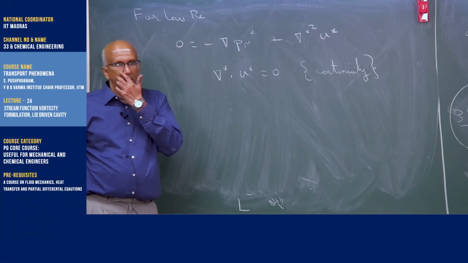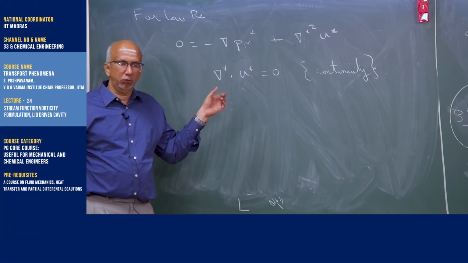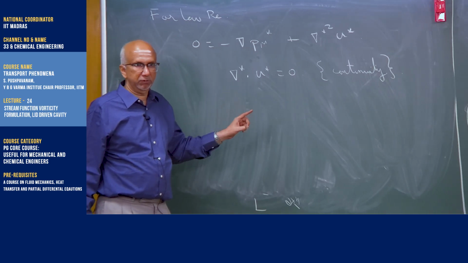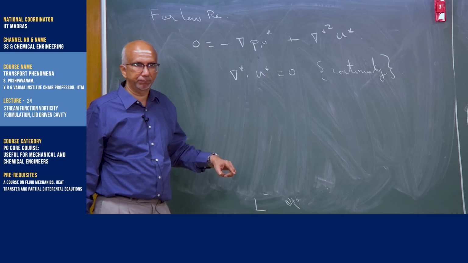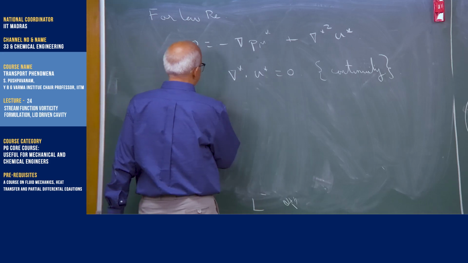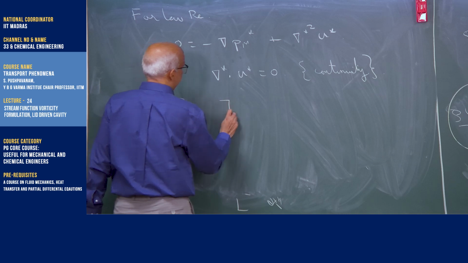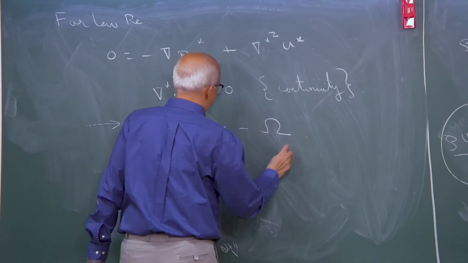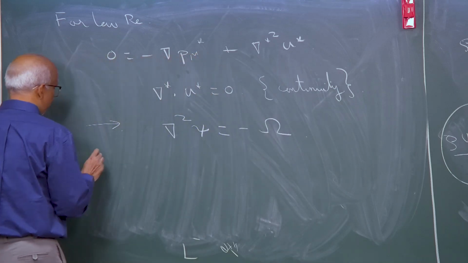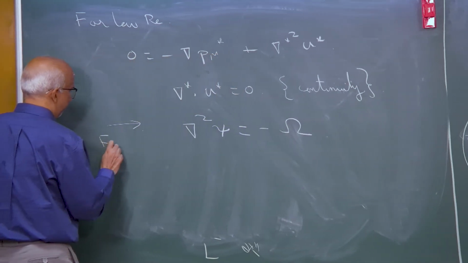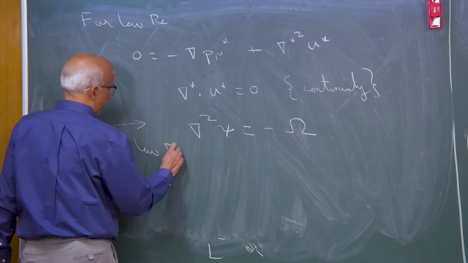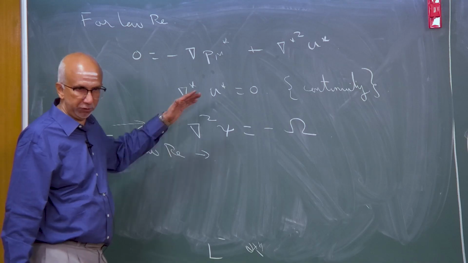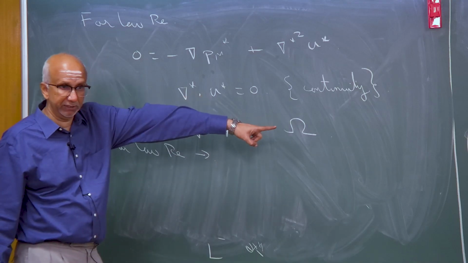Okay. So, now I want to go back to that equation in terms of vorticity and the stream function. Going back to the vorticity and stream function equation, I get del square psi equals minus omega, and we wrote that for low Reynolds number all the terms on the left hand side could be neglected because they are coming from the inertial terms.